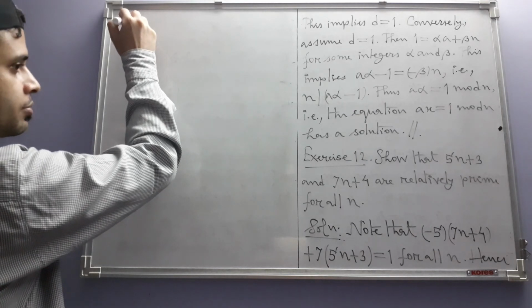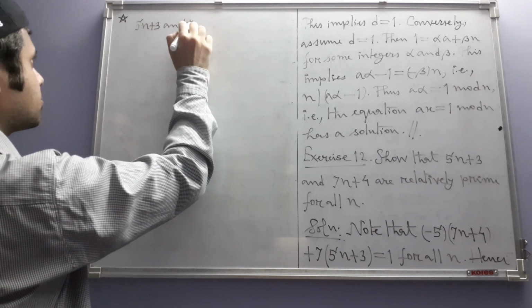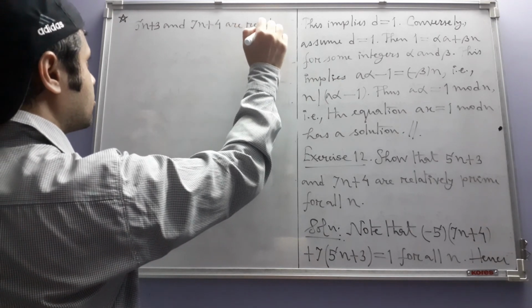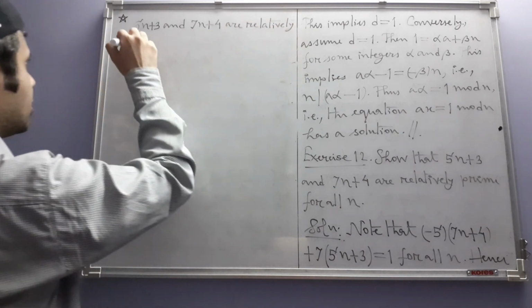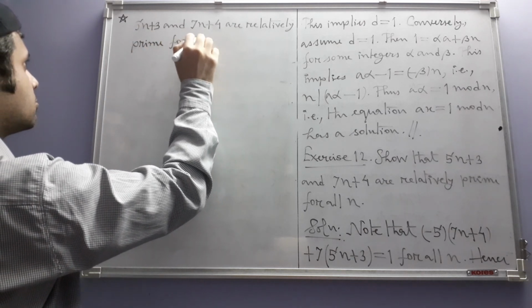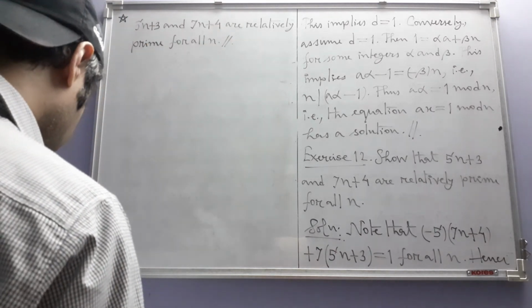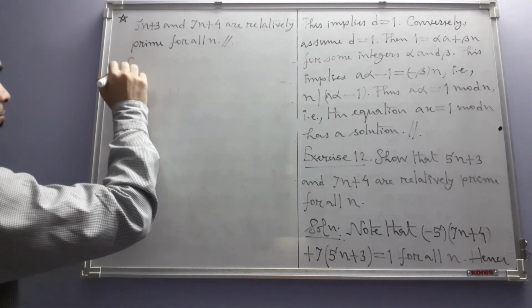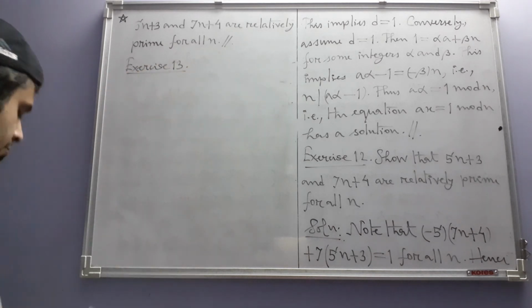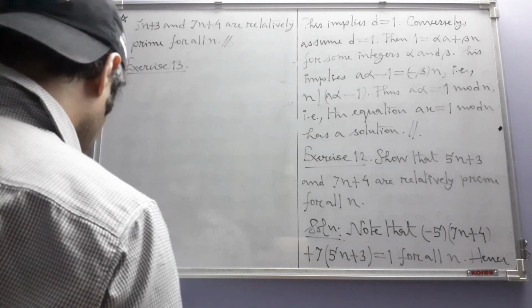Hence 5n plus 3 and 7n plus 4 are relatively prime for all n. That's it. The next exercise 13. Suppose that m and n are relatively prime and r is an integer.